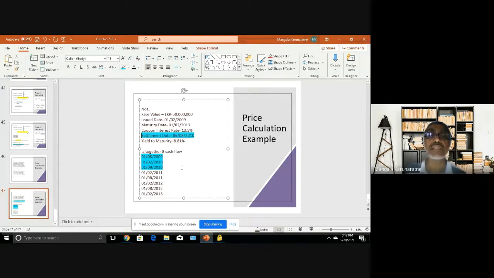So after the settlement date, only you need to, now it's somewhere here, so we'll put the settlement date somewhere here.